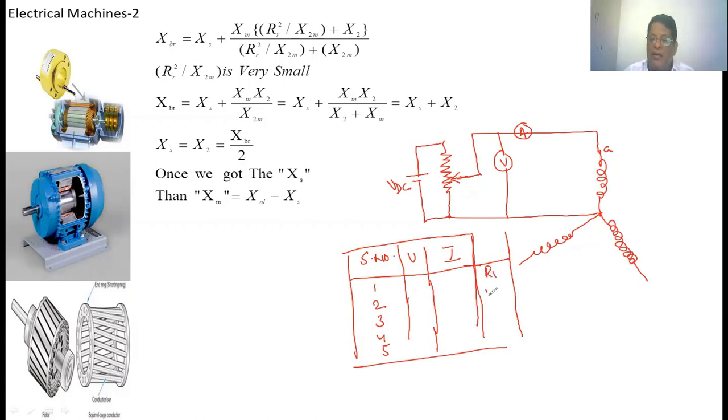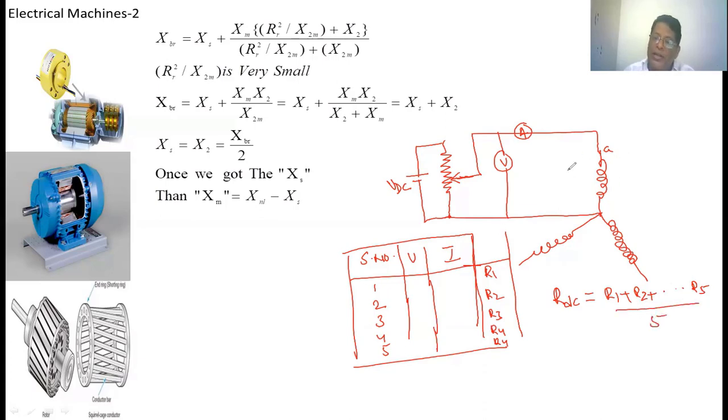Here we get R1, R2, R3, R4, R5. Now RDC equals R1 plus R2 plus up to R5, divided by 5. This is the average value we have taken.